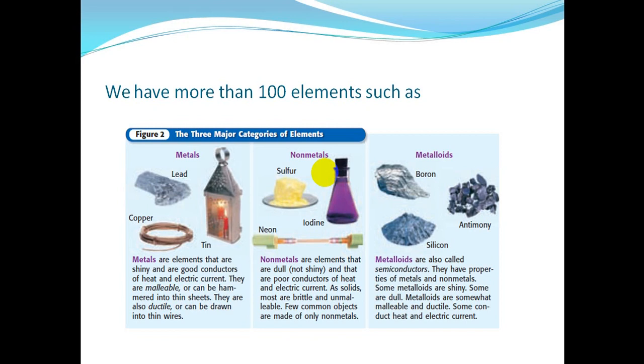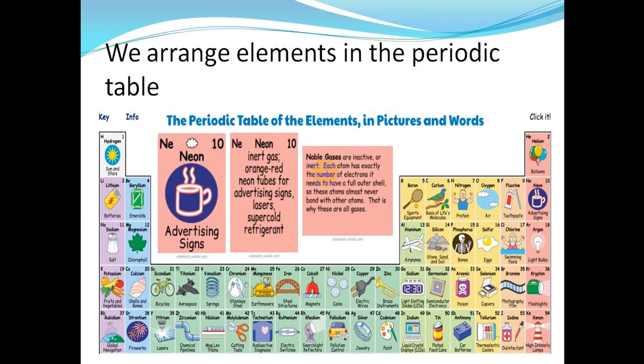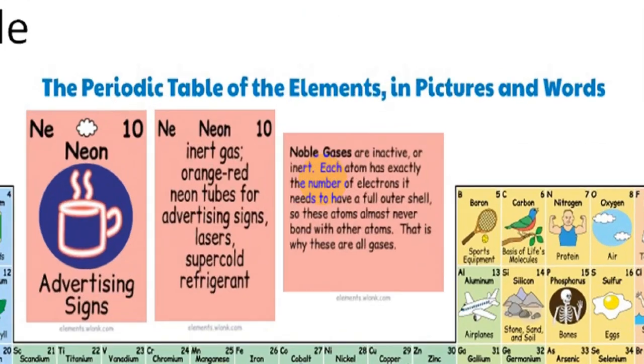Metalloids are between metals and non-metals, like boron, silicon, and antimony. Actually, we don't have to know the names of these elements, but we have to know that we have different forms of elements, many kinds of elements, like here in the periodic table. I chose this picture of the periodic table because each icon shows how we use the element.